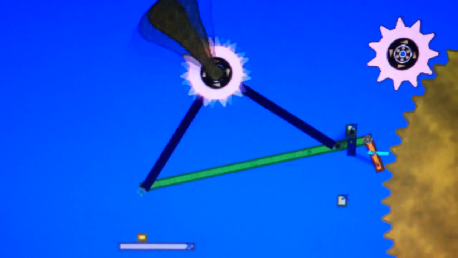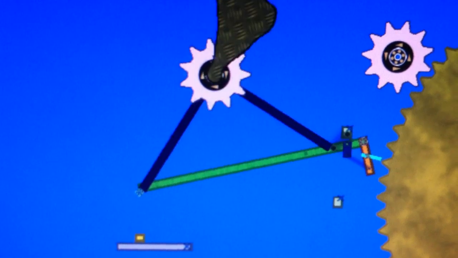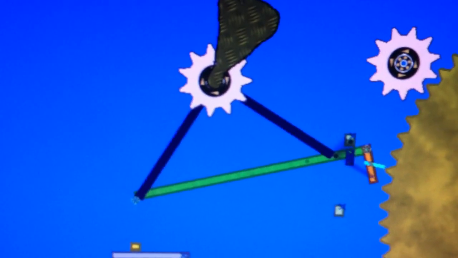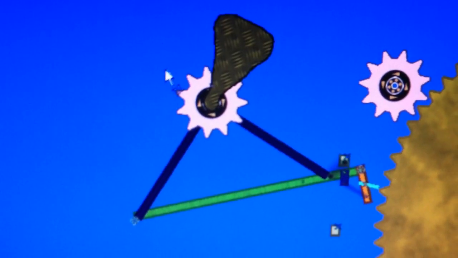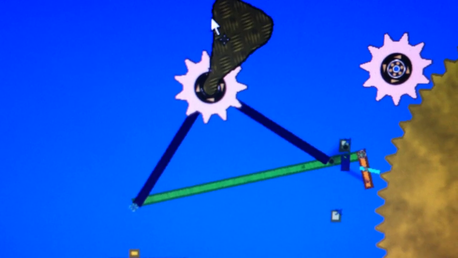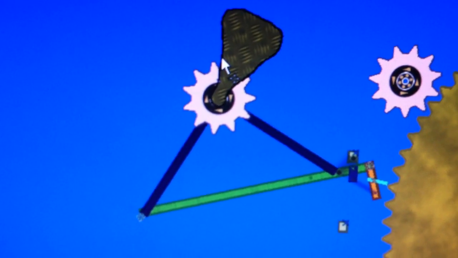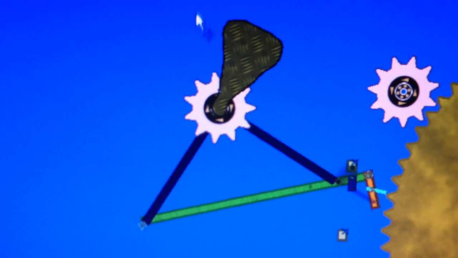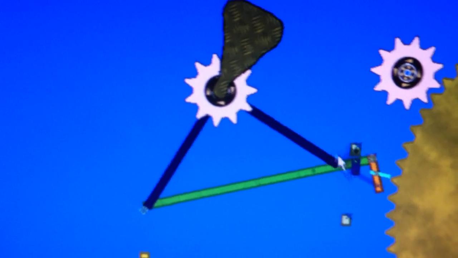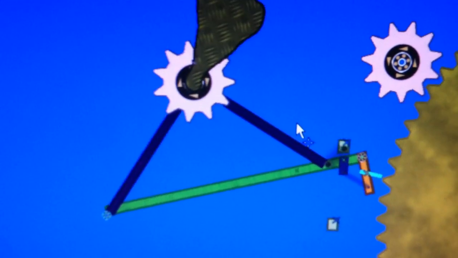And what happens here, and let me pause this, what happens is when the pendulum is swinging above the bouncer, centrifugal force is acting on the pendulum to pull it out that way. And because the frame is very light, it will lift the frame up.